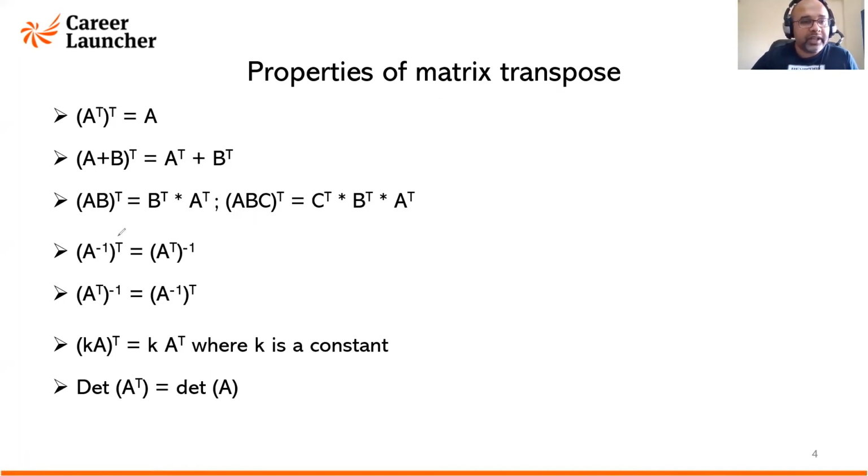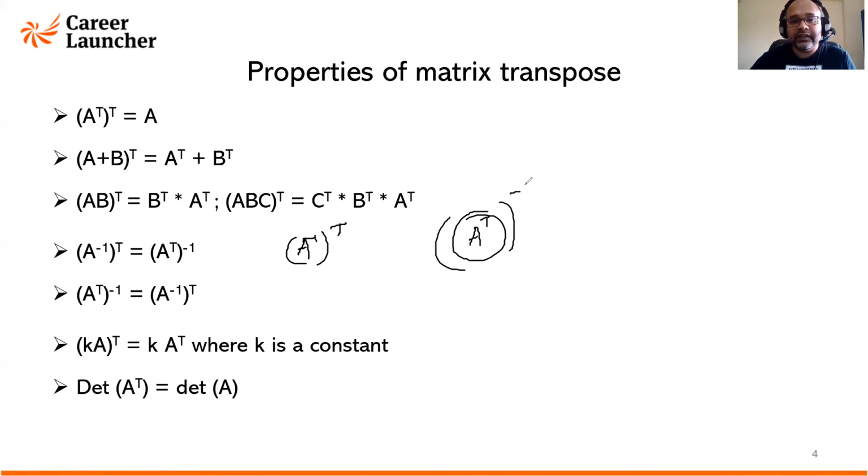The next property is transpose and inverse. (A inverse) whole transpose is equivalent to (A transpose) whole inverse. What does it mean? It means if you have A inverse transpose, this is the same as taking the A matrix, finding the transpose of it, and to this you take the overall inverse.